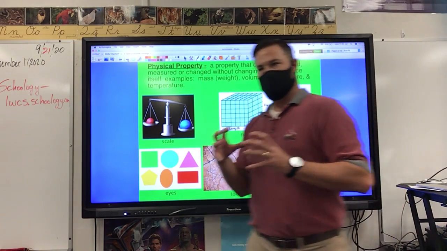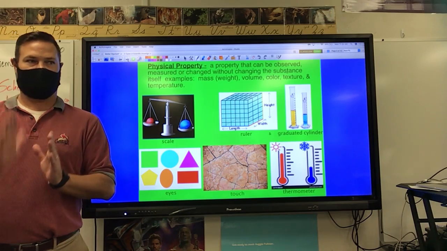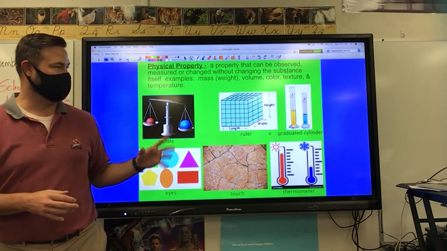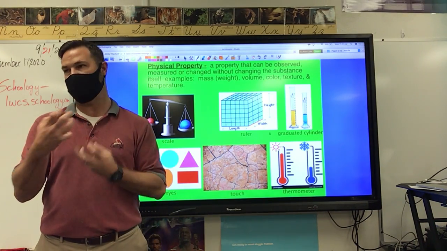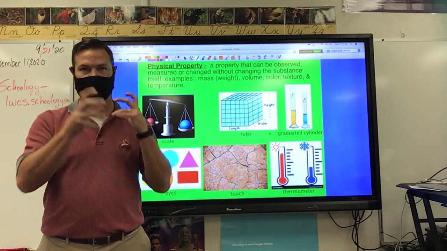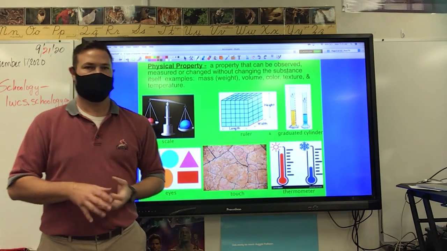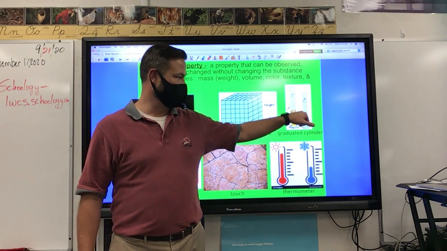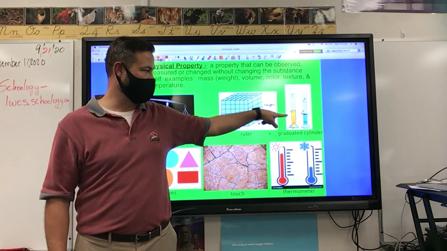I could check the volume. The volume is the amount of space it takes up. If it was a perfect square, I could measure length times width times height. But what if it was a weird object? The way we measure how much space it takes up, if it's a weird shape, is with a graduated cylinder. This is important. You put in water and measure it, then you drop something in it, and that water goes up.